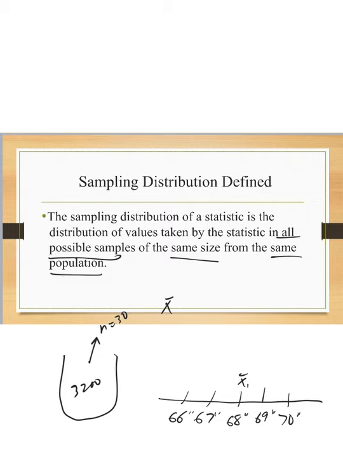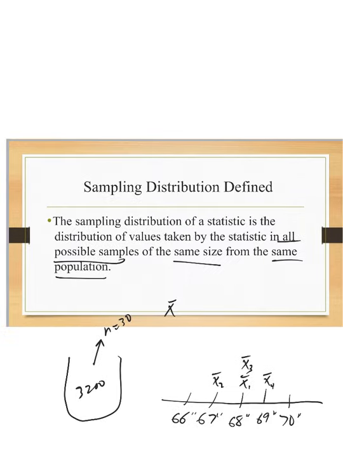Then we put those 30 back in, mix it up, and take out another 30. It might overlap with the first 30 by one or two students, or it might not. And that X bar ends up being 67 inches. And then we put those back in, and we mix it up, and we pick out another 30 and get their X bar. And their X bar is also 68 inches. And then we put those back in, we mix it up, and we get another sample of 30, and we get their X bar, which happens to be 69 inches.